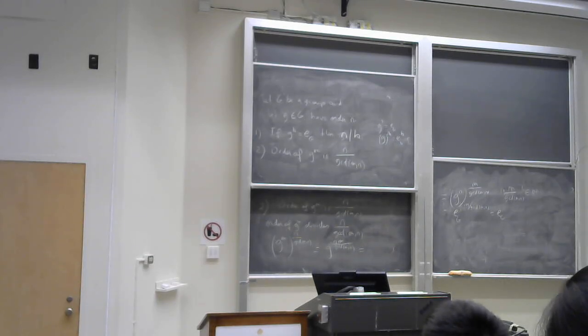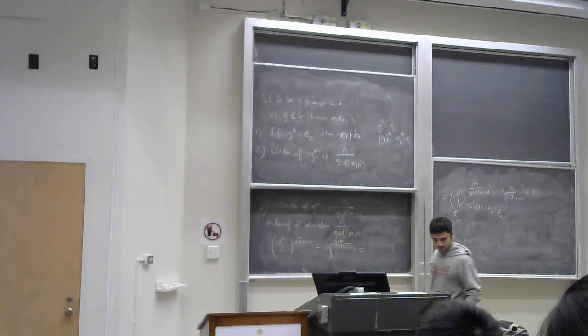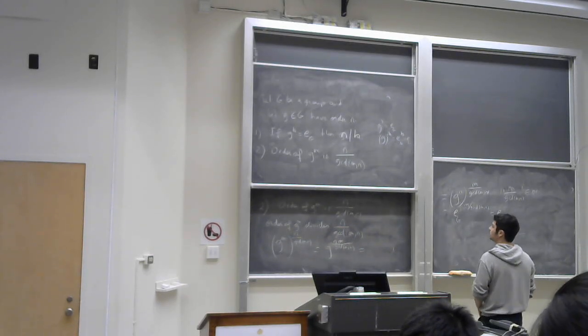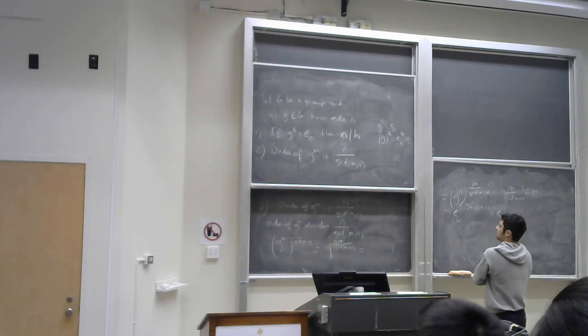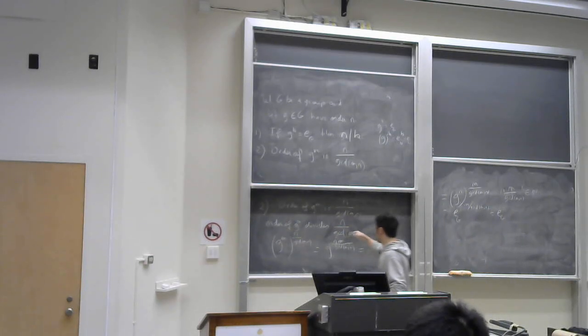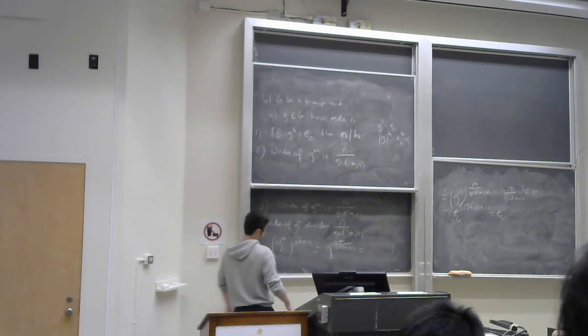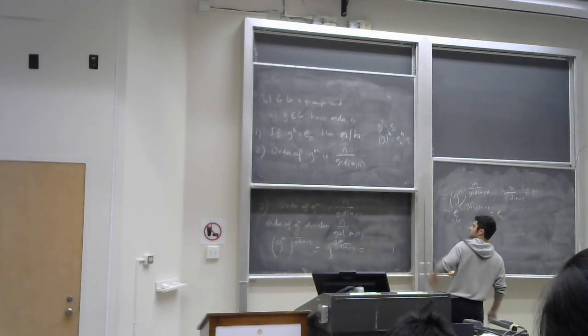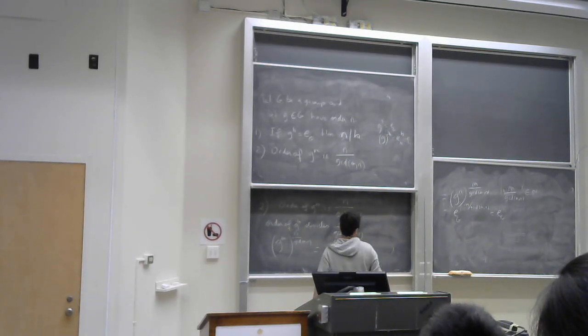Okay, great. Now I need to show that the order of g to the m is exactly that one. I have shown that the order of g to the m divides this. Now I need to show that this is exactly the order.